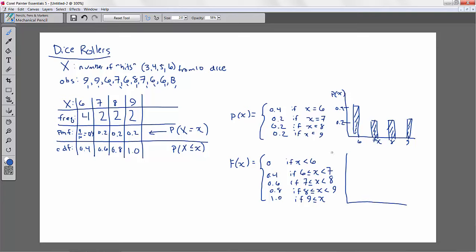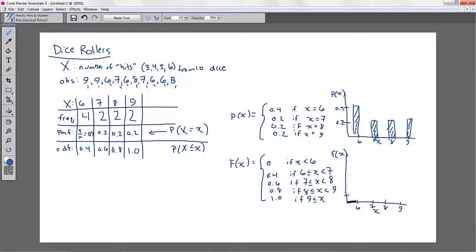And we can plot this cumulative distribution function for F of x versus x. We can look at values 6, 7, 8, and 9. So the CDF value is 0 if it's less than 6. So I'll mark it here at 0.